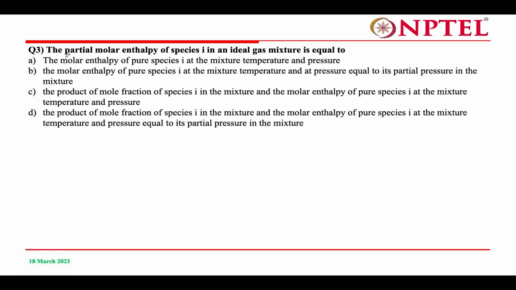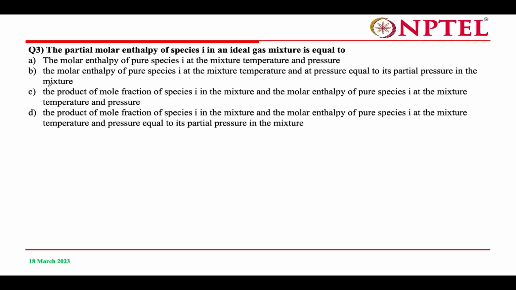Question number 3. The partial molar enthalpy of species i in an ideal gas mixture is equal to: in option first, the molar enthalpy of pure species at the mixture temperature and pressure is given, but that is valid only for the volume, not for the enthalpy.